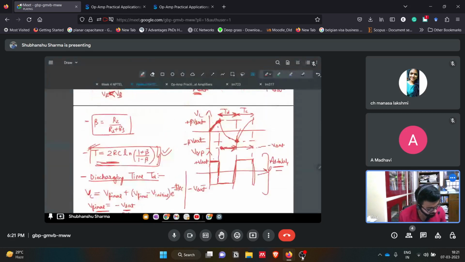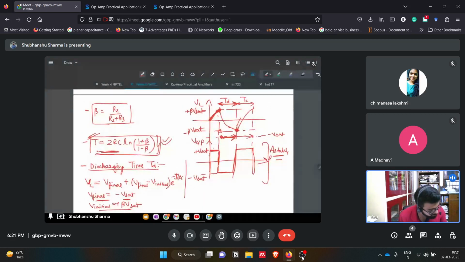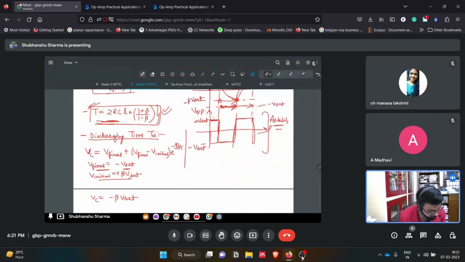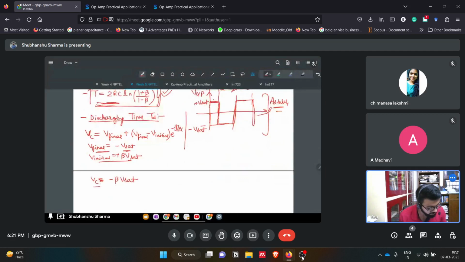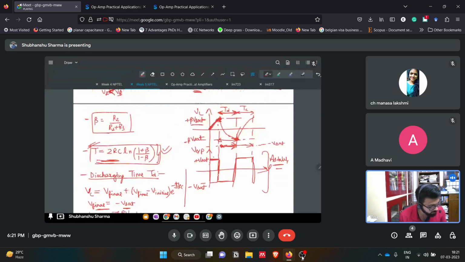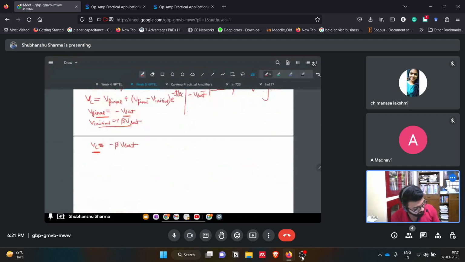So the final voltage the capacitor wanted to achieve was minus V sat, and the initial voltage it has right now at this junction is plus beta V sat, and the voltage being achieved by the capacitor is minus beta V sat. Putting all these values in the above equation, we get minus beta V sat equals minus V sat plus (minus beta V sat minus V sat's final) e to the power minus TD by RC.